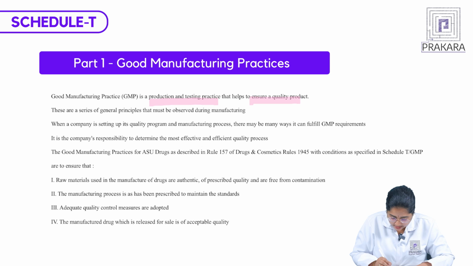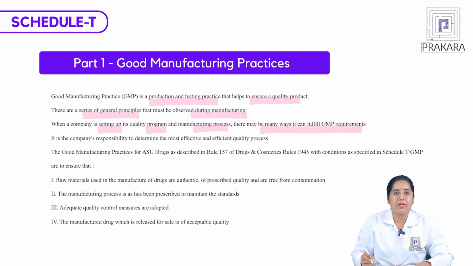Then there is a series of general principles that must be observed during manufacturing. When a company is setting up its quality program, the quality program and manufacturing process are important, and there are many ways to fulfill the GMP requirements.